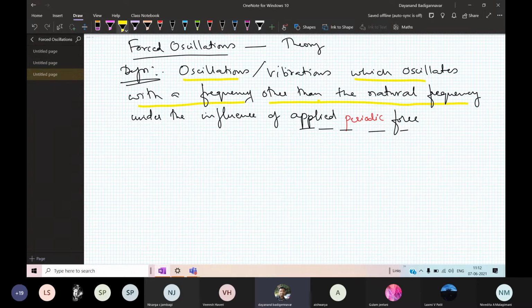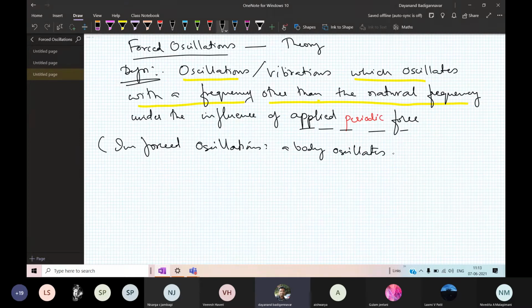So therefore I can write here, in forced oscillations a body oscillates other than the natural frequency.